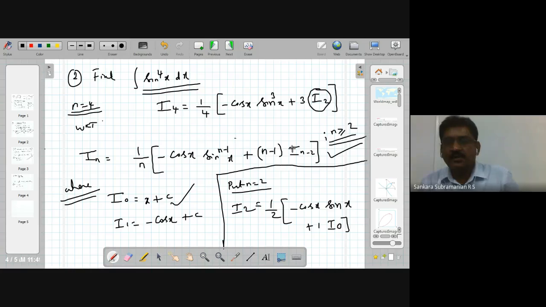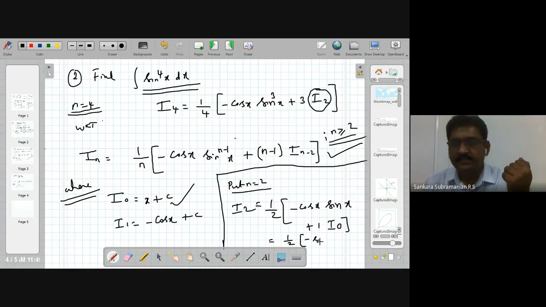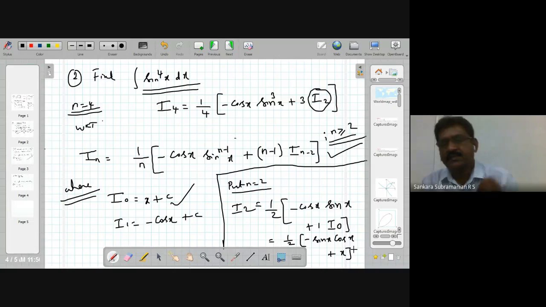So therefore we cannot go there. So you have to take I naught. We know that I naught is x. So therefore this is equal to minus cos x minus sin x into cos x plus I naught, which is x. At last, just add a constant. So therefore I4 equal to 3 times of I2.